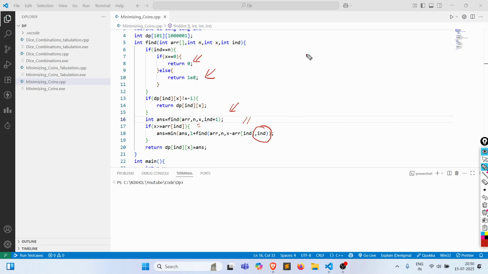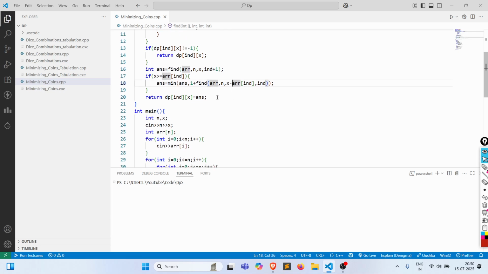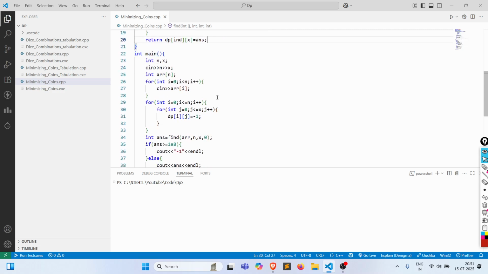It might happen that there was a coin 5, and I take 5 once, then I take 5 again. So to keep that possibility, I have not increased the index. Since we are taking the minimum of not take and take, we are simply storing the answer in our cache.